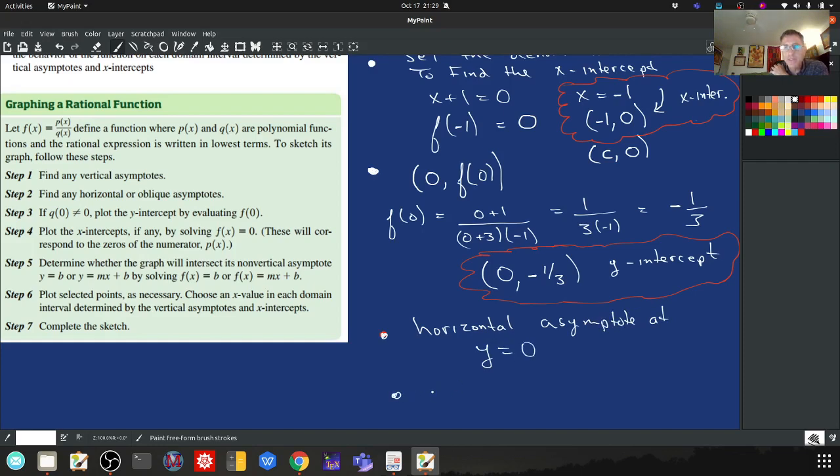Vertical ones, we set the denominator equal to 0. So we set x plus 3 times 2x minus 1 equal to 0. That gives us x is equal to minus 3, and x is equal to 1/2. So let's add those to our graph.